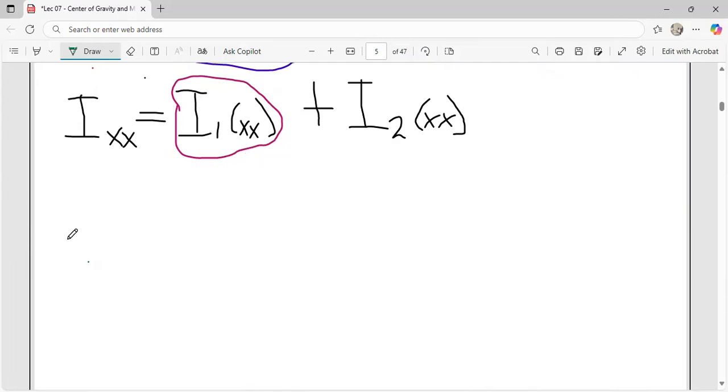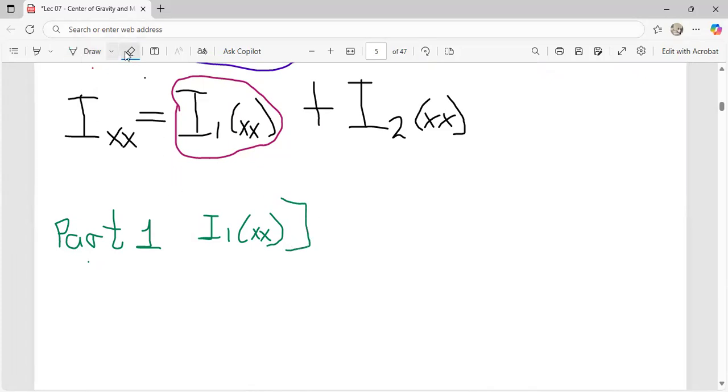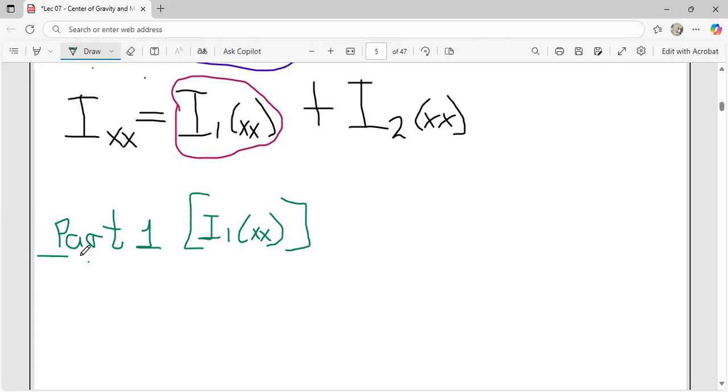We want to solve part one first, which is I of this into bracket XX. Let me denote it well so that it won't confuse us. So this one is what I'm coming to solve now.